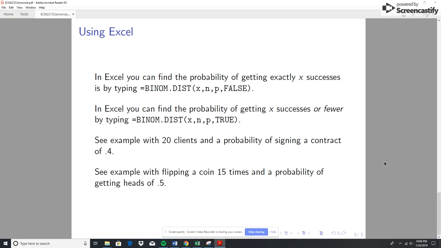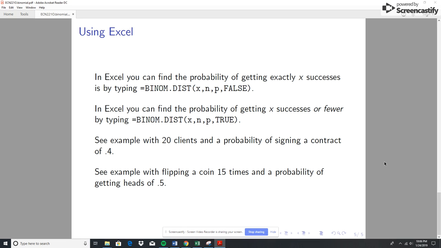you can find this probability by just using the binom.dist function. And the arguments that it takes are the x value, the number of successes that you are asking for the probability of getting, n, the number of trials, p, the probability of success, and then use the option false if you're wanting to get exactly that number of successes.